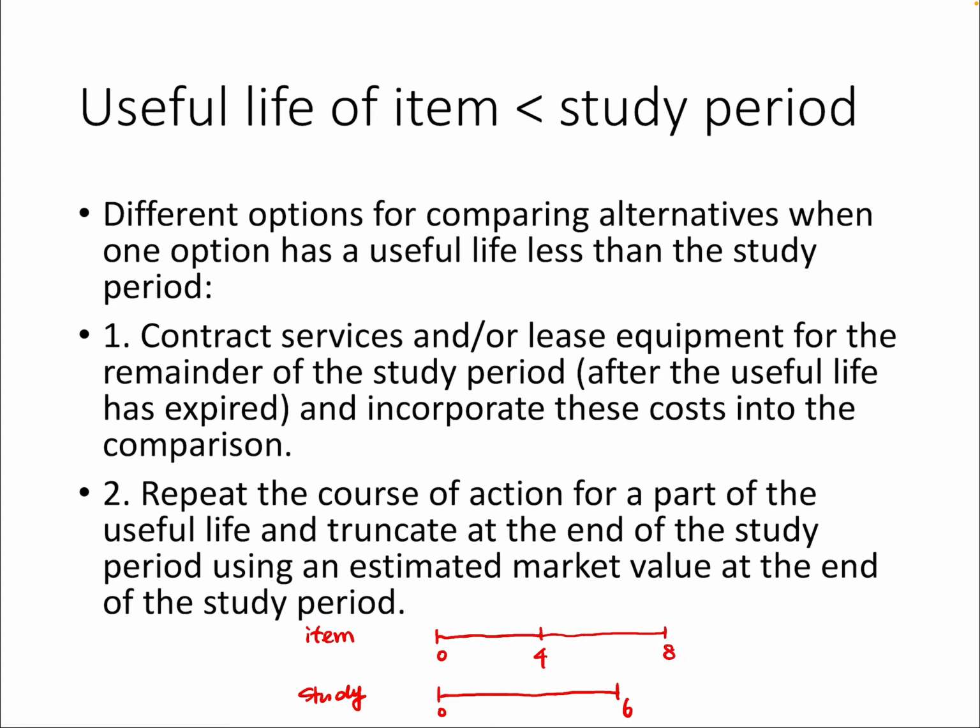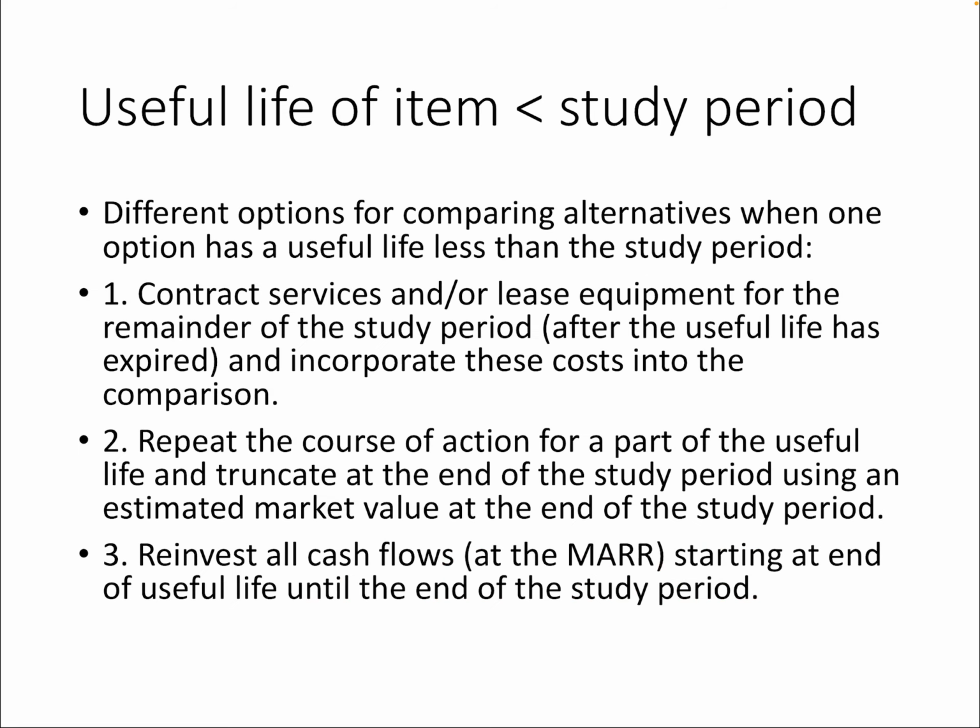You can extend it by the repeatability method for another cycle. So it's gonna be 8 years. And then you go back to truncate it at the 6 years, and you sell this equipment at that time to the market. And then you're gonna add that salvage value at the end of the 6 years. Okay, so you extend it for another cycle using the repeatability method, and then you truncate it.